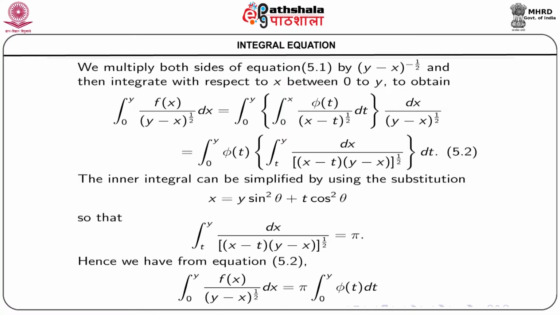Now we substitute the value of inner integral as pi in equation 5.2 to obtain integral 0 to y f(x) divided by root over (y minus x) dx equal to pi into integral 0 to y phi(t) dt.